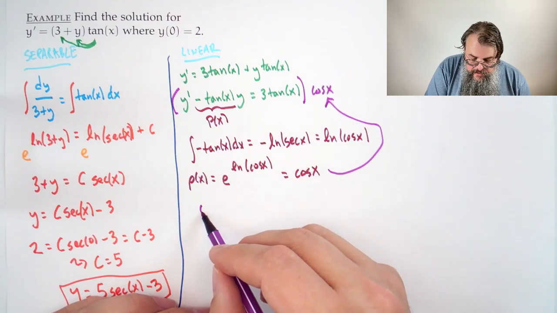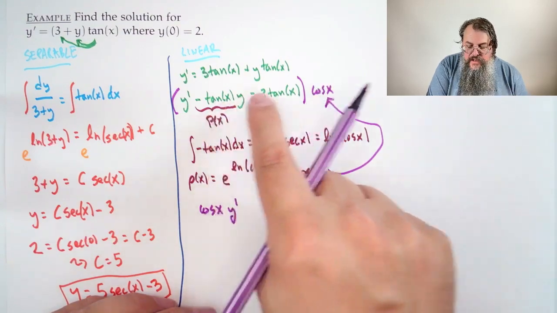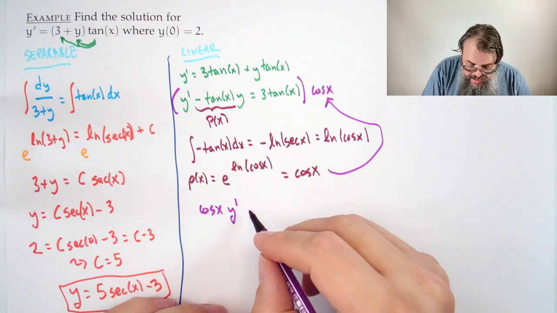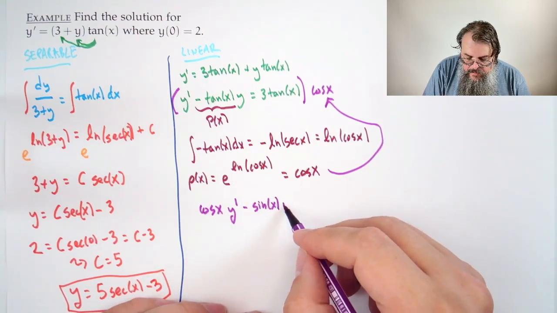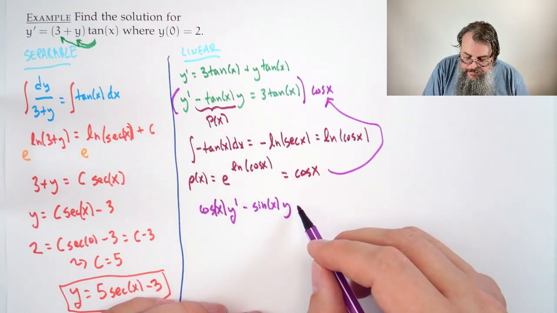So we have cosine of x times y prime. Tangent of x times cosine: well, tangent is sine over cosine, so you're canceling the cosine out. So you get minus sine of x times y. And I don't know why sometimes I put parentheses and sometimes I don't.